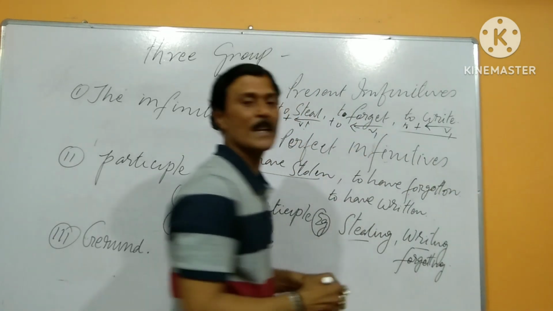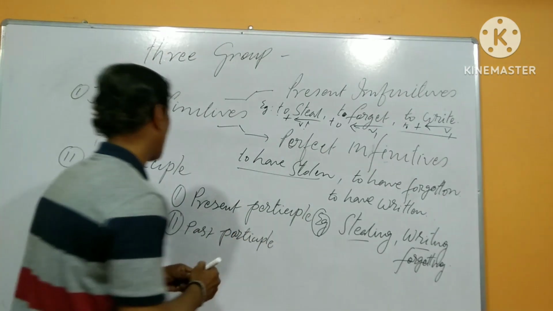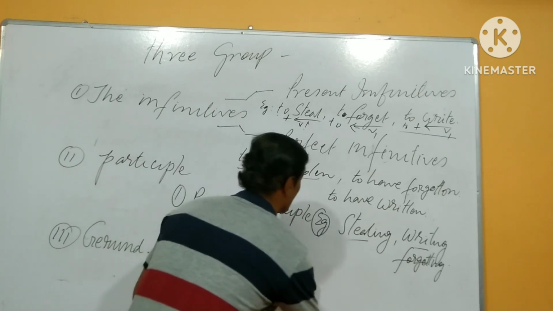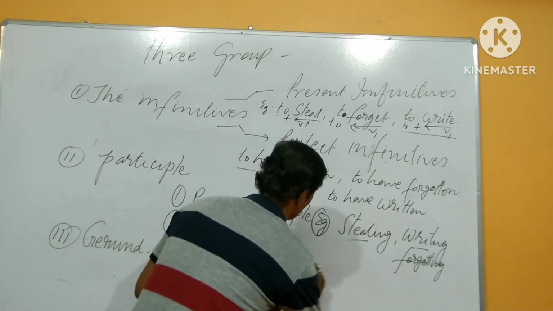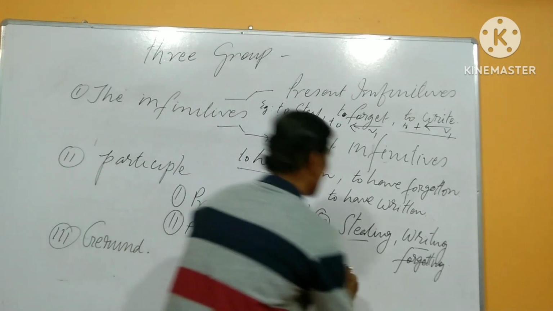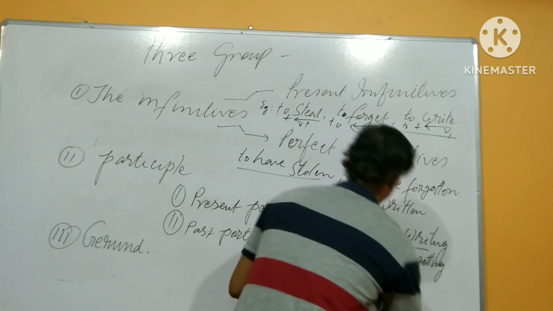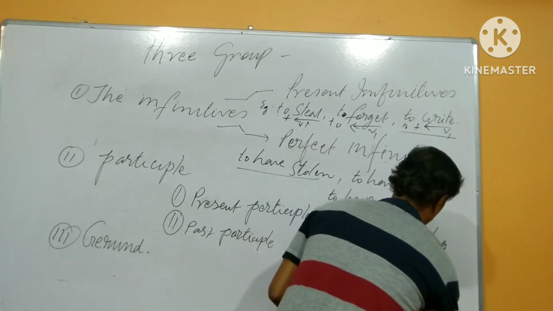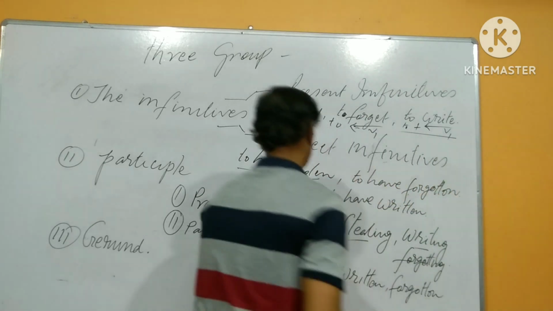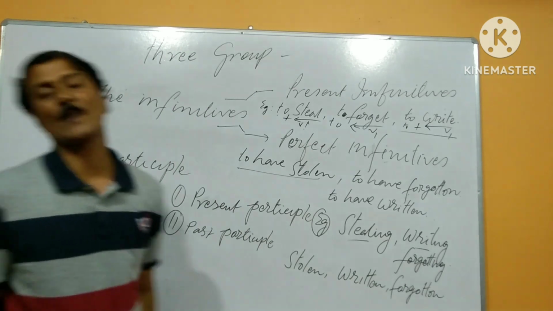I use the same words here so that it will be clear to all of you. And past participle: stolen, written, and next one forgotten. So stolen, written, forgotten. This is a past participle.